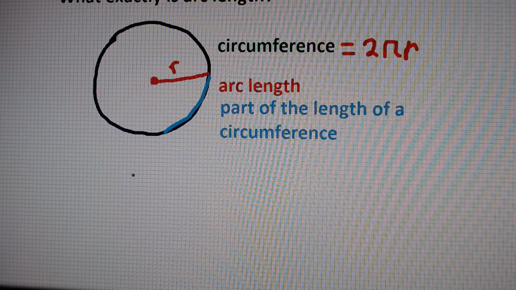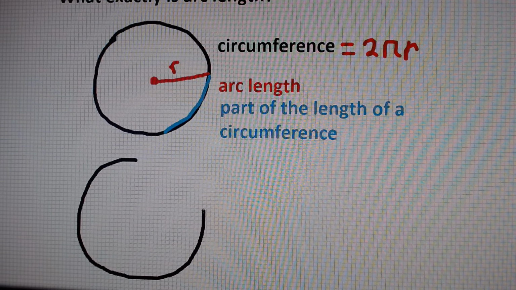So let's create an arc length problem. I'm going to draw another circle, and I'm going to find the arc length for part of this circle. Let's say I want to find the segment shaded in blue, and we'll call this arc length AB.